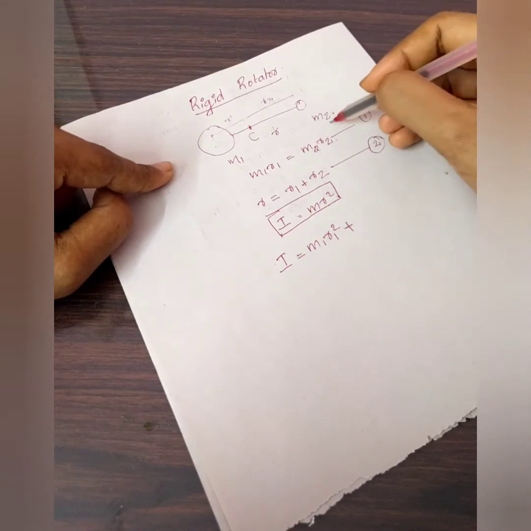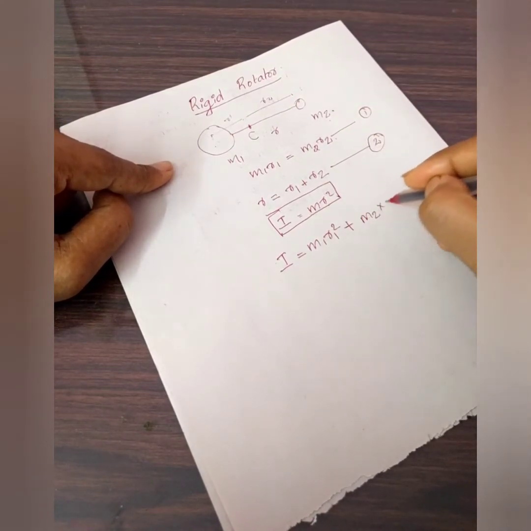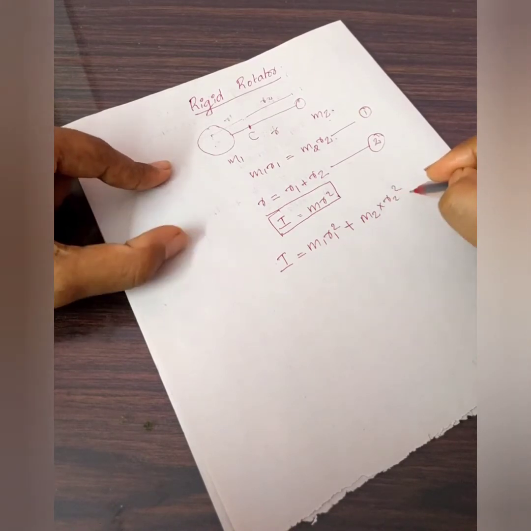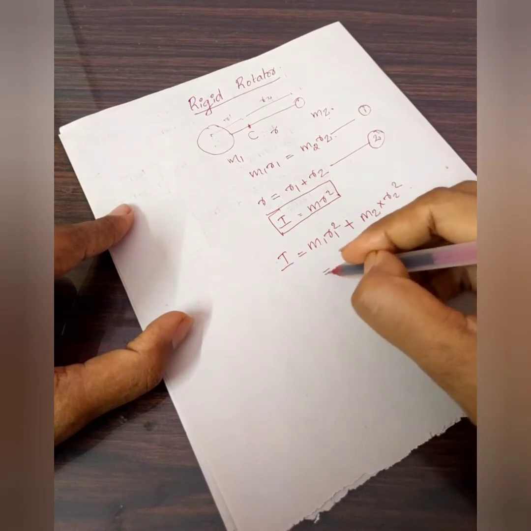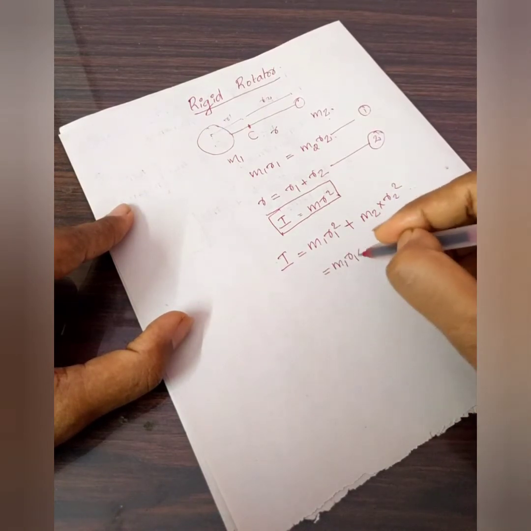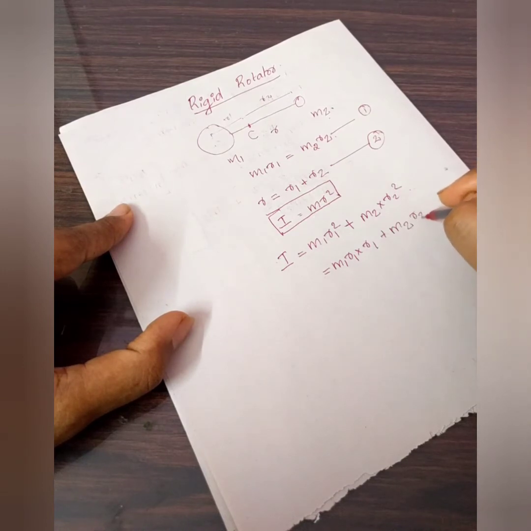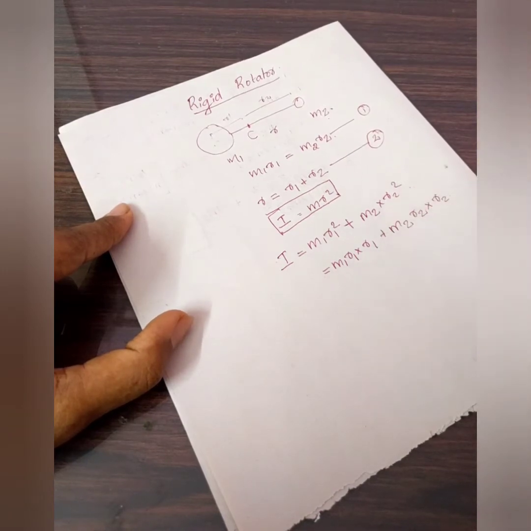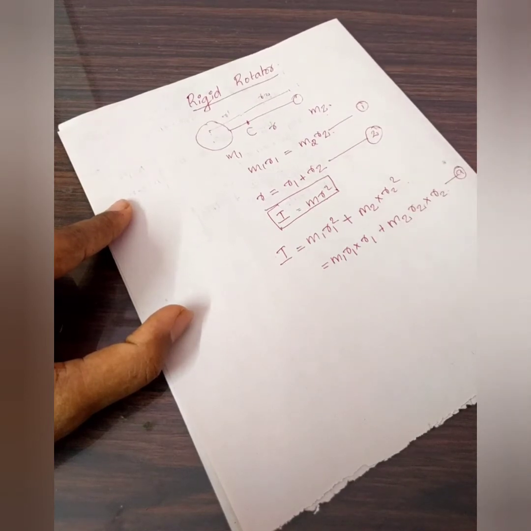So this will be m2 into r2 square. Now I am going to expand these square terms. So it will be m1 r1 into r1 plus m2 r2 into r2. Let this be our equation number A.